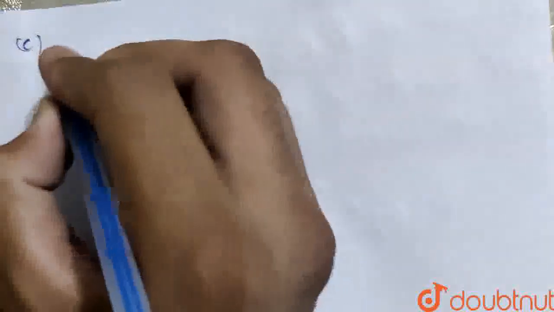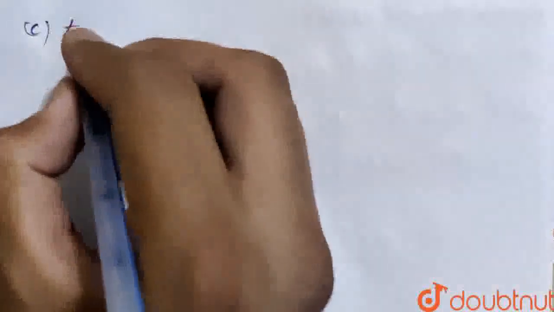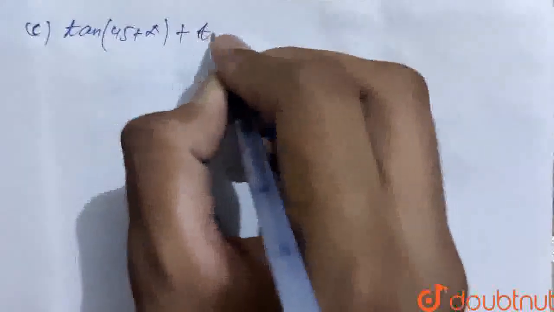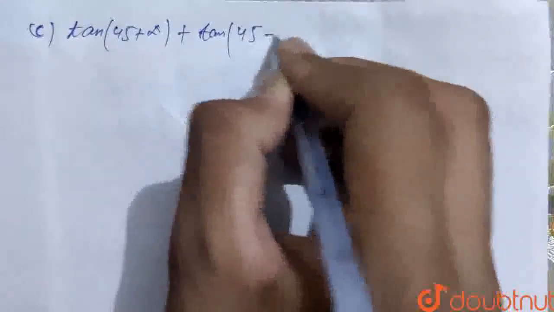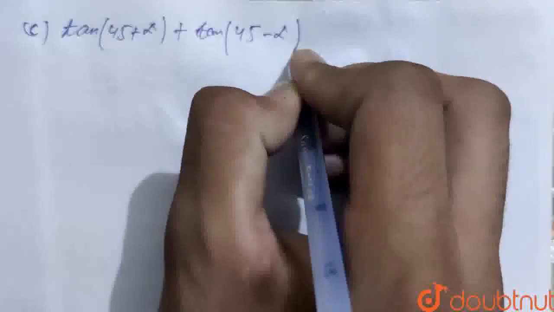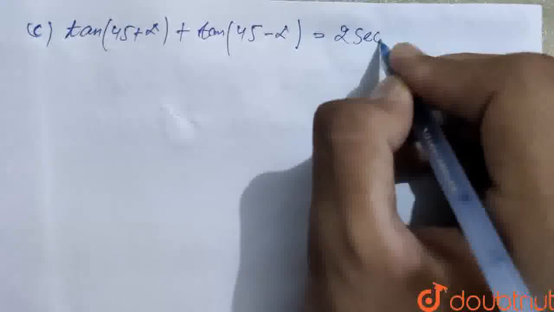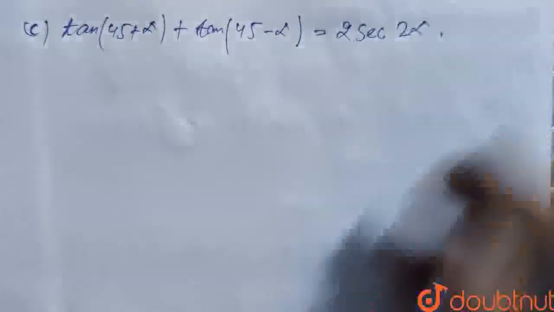Now solving the C part, we have on left hand side tan 45 plus alpha plus tan 45 minus alpha, and we need to prove it equal to 2 secant 2 alpha.